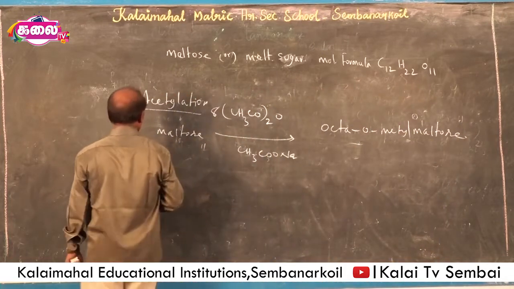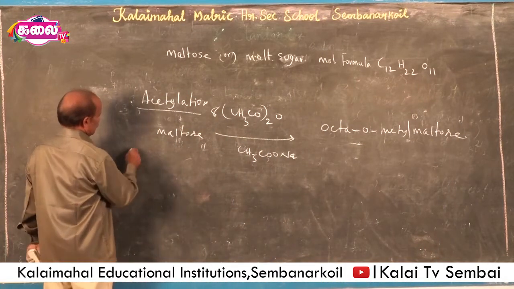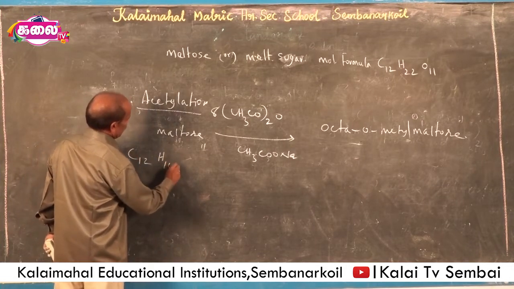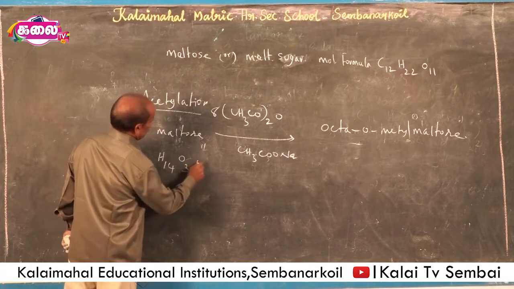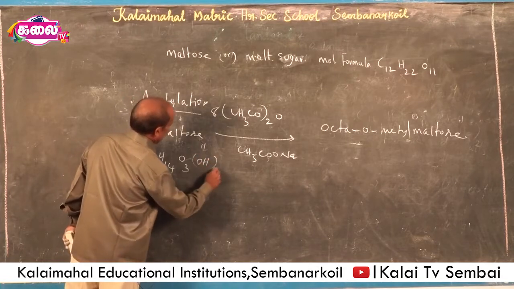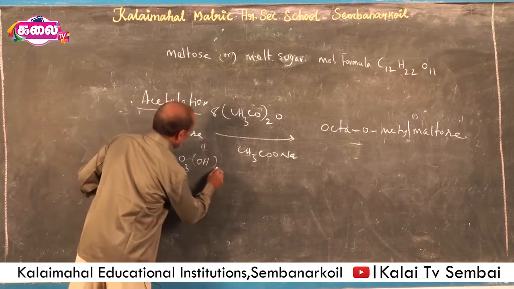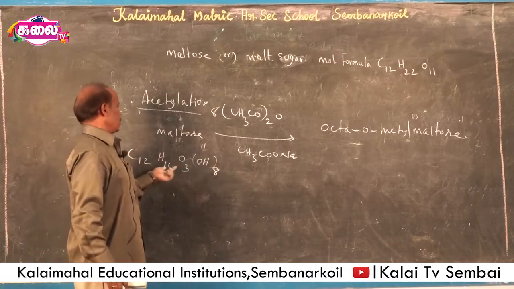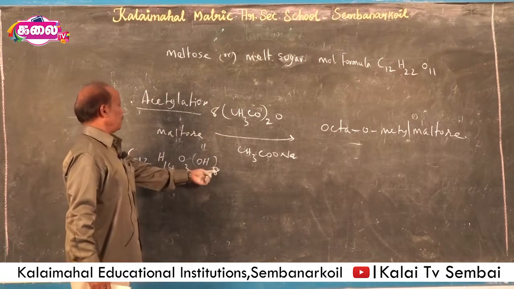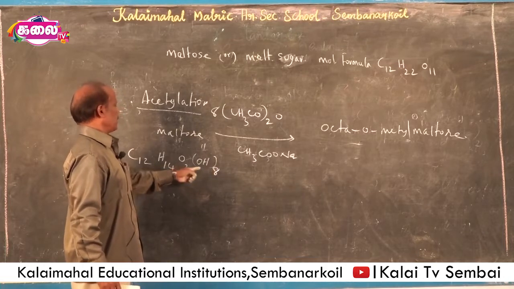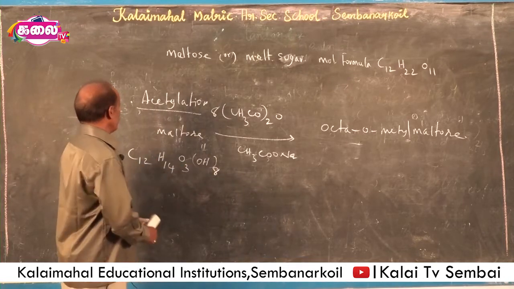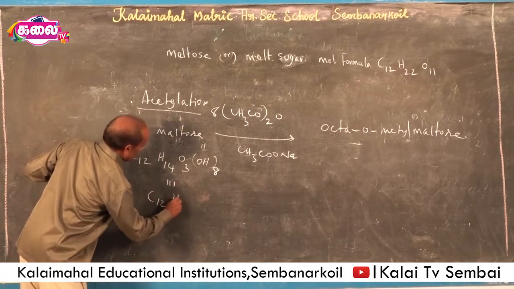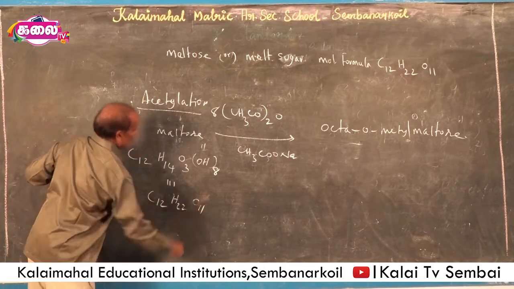The molecular formula of maltose may be written as C12H14O3(OH) 8 times. 14 plus 8 is 22, and 3 plus 8 oxygens gives 11 oxygen, that is equivalent to C12H22O11.